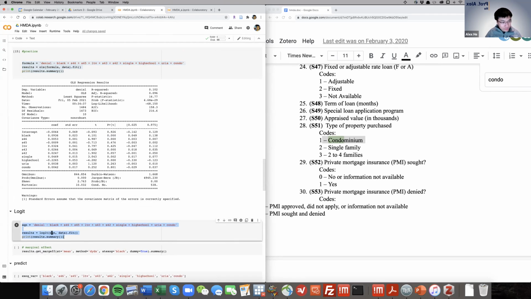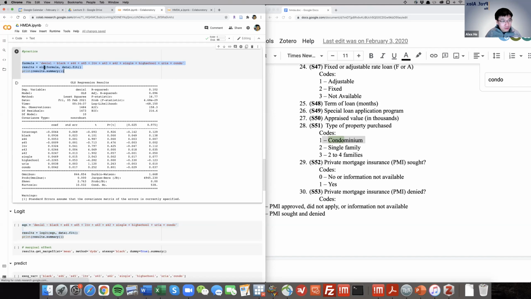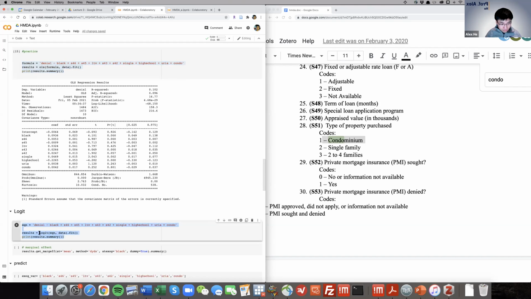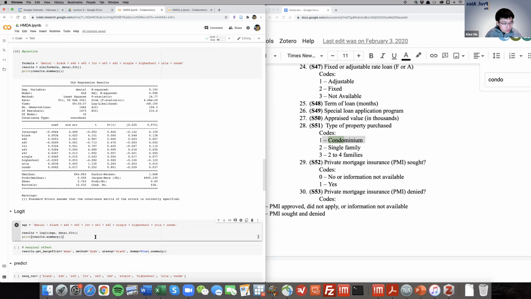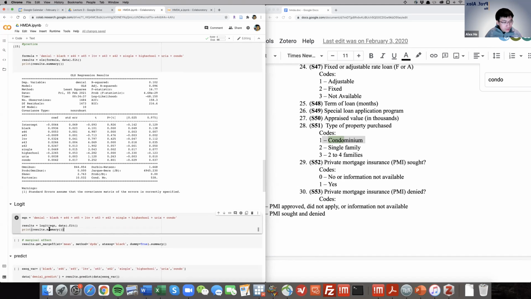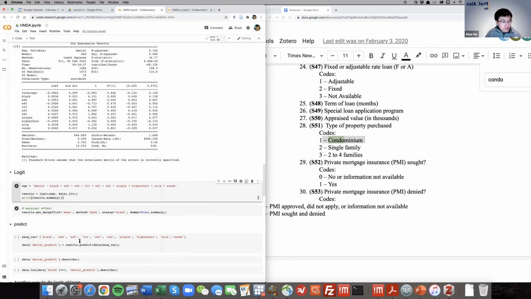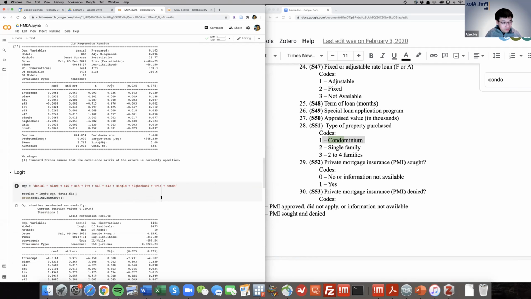The only difference is that you're replacing the OLS here with the logit. That's because this is also using statsmodels, so they have the same language. That tells the computer to use the logit to fit this equation with the denial being the dependent variable, and then you have these 10 explanatory variables. Then you can print out the result.